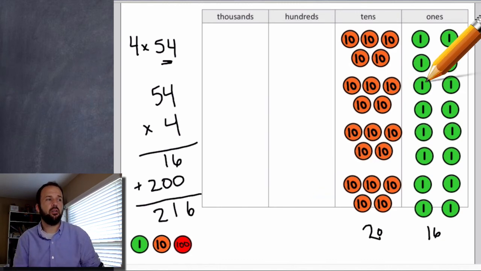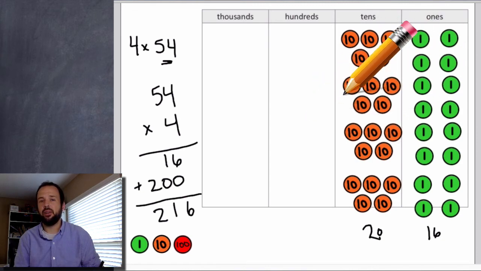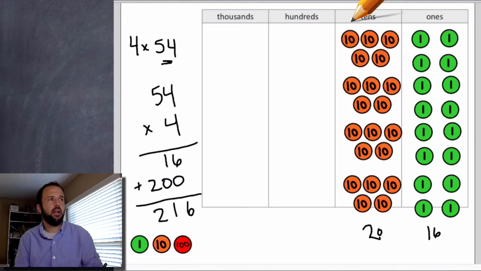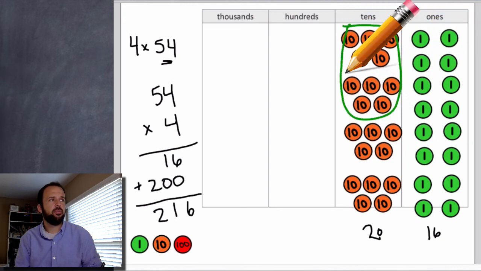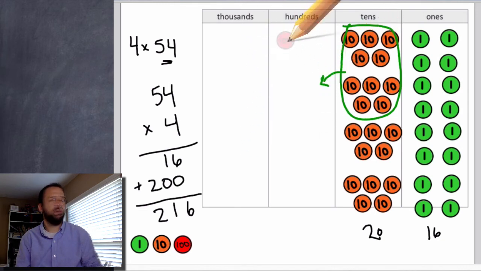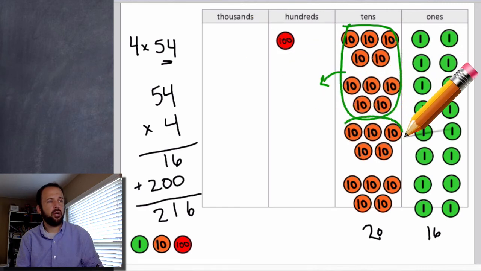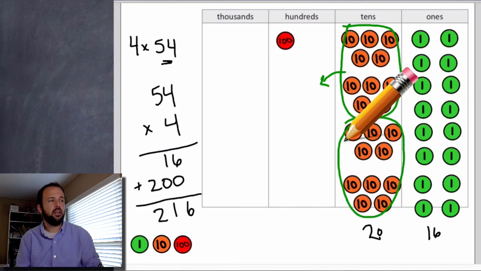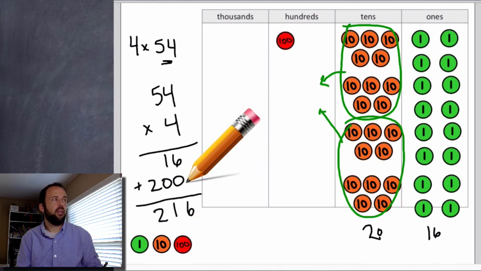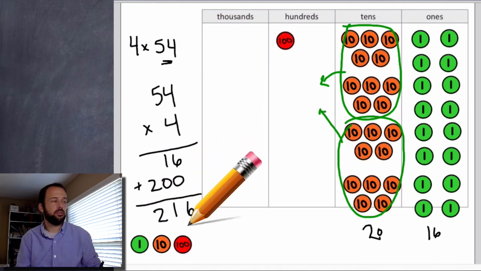We know if we have a group of 10 in any place value, we can bundle it and move it to the next place value, right? So I could take these 5 and these 5, move them over here, and they would turn into 100, okay? And then I got another 5 and 5 here, which is 10. I can move them over here, and they also would become 100.